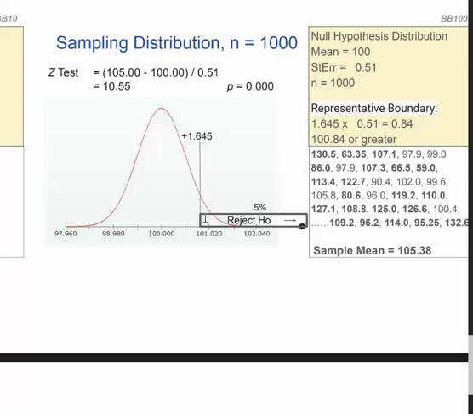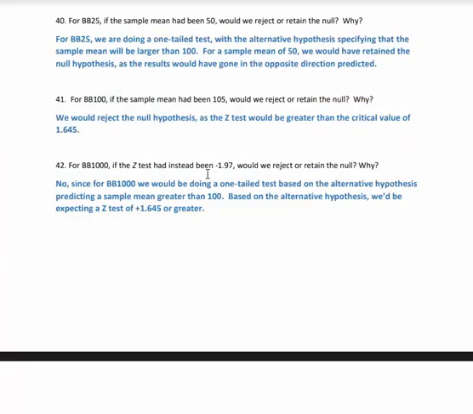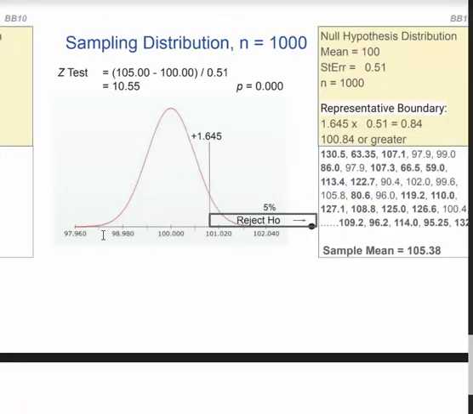So we're going to only reject the null if our sample mean is greater than 100 by a significant amount. So this question said, what if the z-test had been a negative 1.97? That would have meant that the sample mean was below, and there's no reject zone below. When you do a one-tailed test, you specify the direction, and if the results don't go in that direction, you're out of luck, and if they do, well, then it's easier to reject.